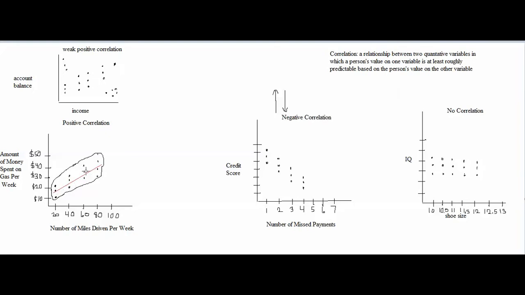And if it's a strong correlation, people are following the line closely, meaning as this variable goes up, this variable goes up pretty consistently along with it. Not very many dots are far away from the line, but if you have a weak positive correlation, then even though the dots are overall rising from left to right, you have a lot more dots that are scattered far from the line, out here and out here, which makes it a weaker positive correlation.